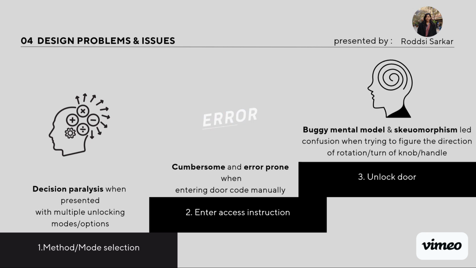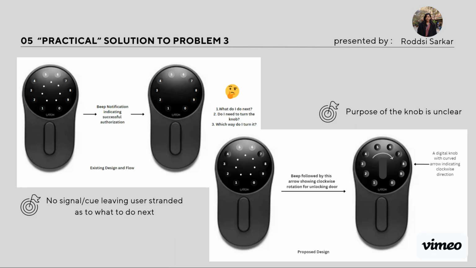Well, let's start going deep into each of these three design issues by detailing the problems associated. So we'll start with the third problem that we have identified. The top left side presents the scenario where the guest has entered the code or has used the application for successful authorization, but then fails to unlock the door if the handle is turned in the wrong direction.